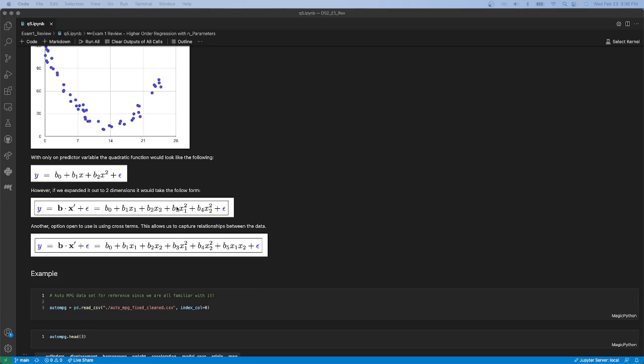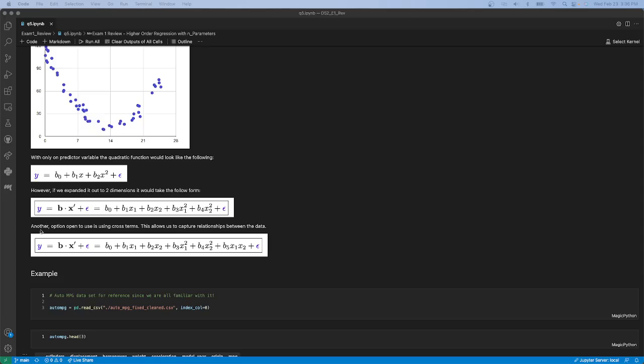And then let's say that there was a relationship between the amount that the mouse sleeps and the amount of food they eat. Well, we can actually capture that by including cross terms, which is just the linear x1 and linear x2. So it just depends on what you're trying to capture.